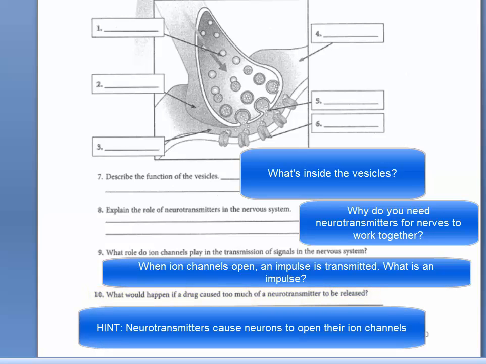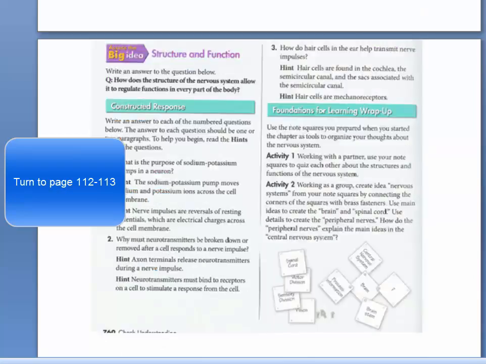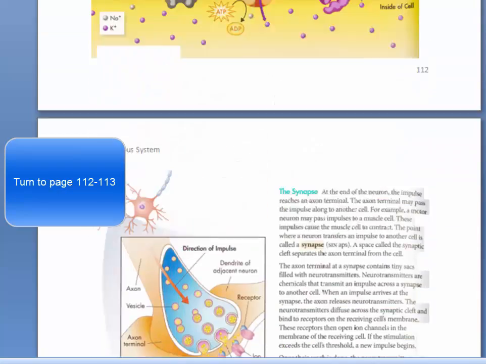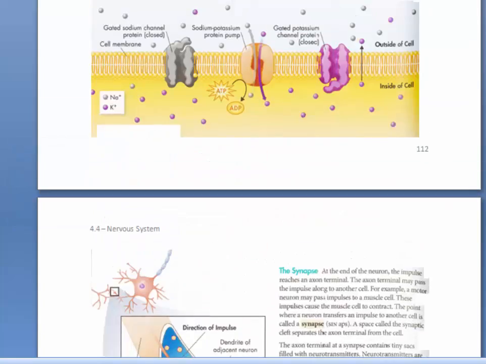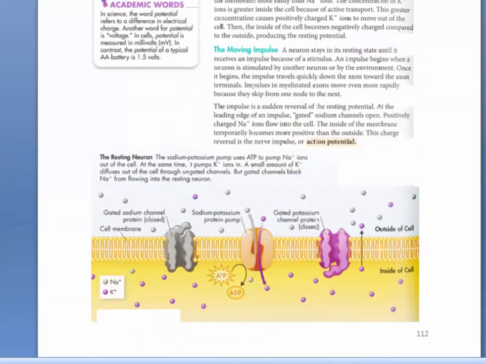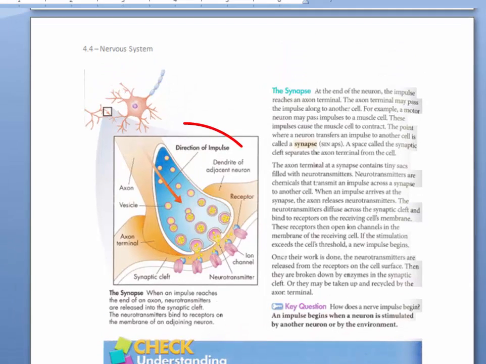If you have your book, you want to turn to page 112 and 113, because all of the information you'll need is here under the nerve impulse, and especially this diagram.